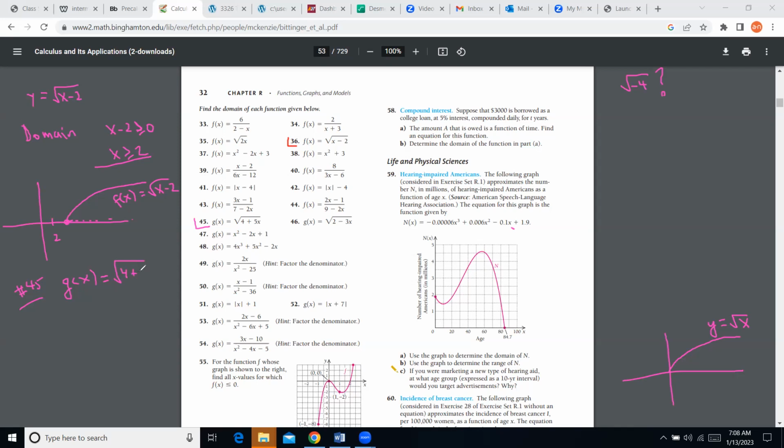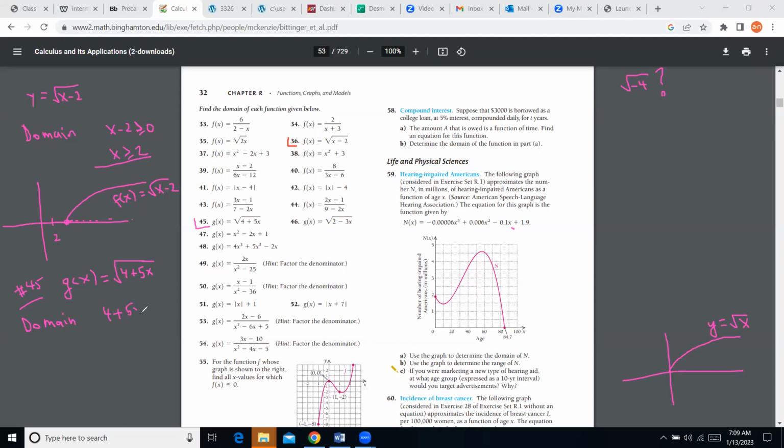Some people are called Alex and some others are called Felix. So, well, just a name, but the process is the same. You want to find the domain first. And when I see the square root, the domain will be where the radicand is not negative.